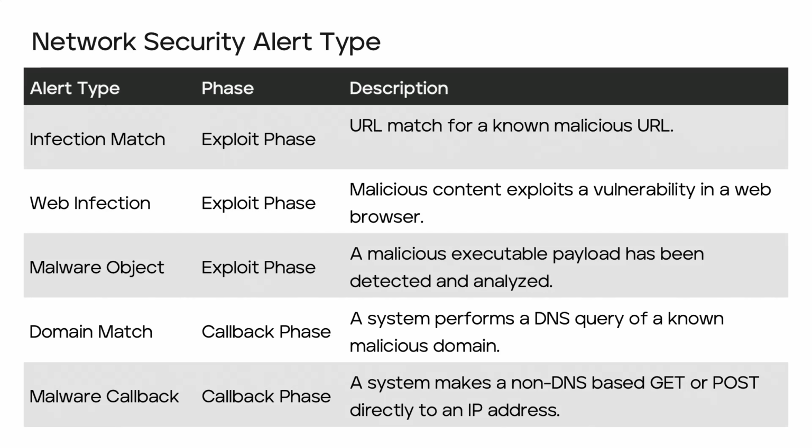If, however, it does see the DNS query, and that DNS query is known, so the domain we have knowledge of as being malicious, but in this instance, the DNS query results in no entry found, so doesn't get a TXT record or an A record or a CNAME or any other record being returned, then you'll get this domain match alert coming up.